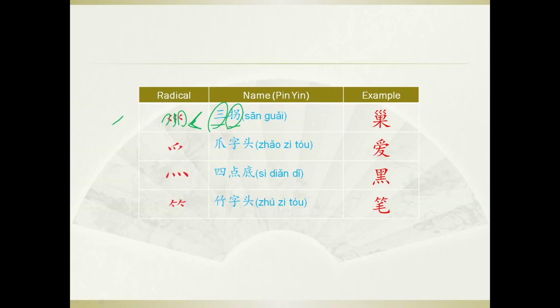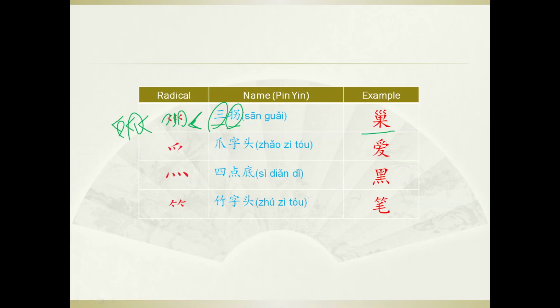Left diagonal or dot turn. Left diagonal or dot turn. Left diagonal or dot turn. Be aware to make sure you have even gaps. One word with this radical is 巢, nest.